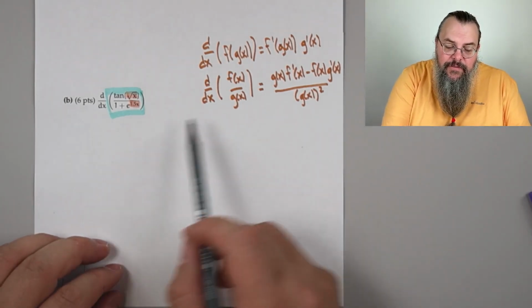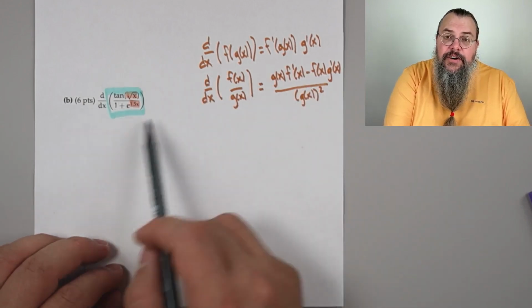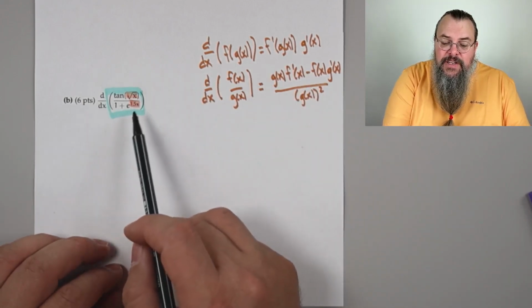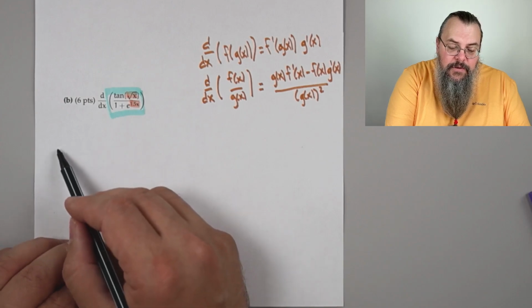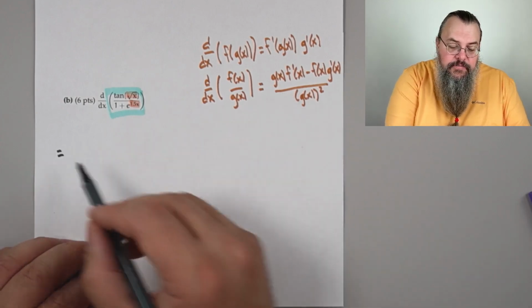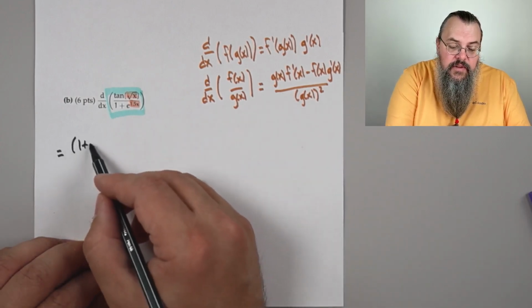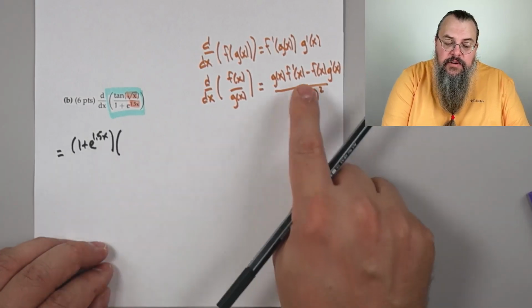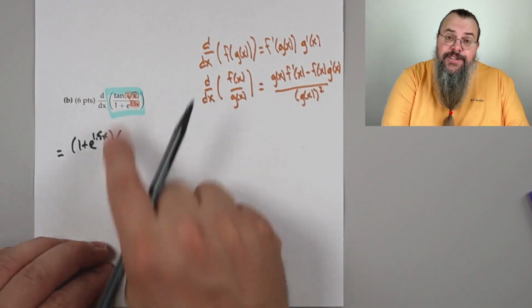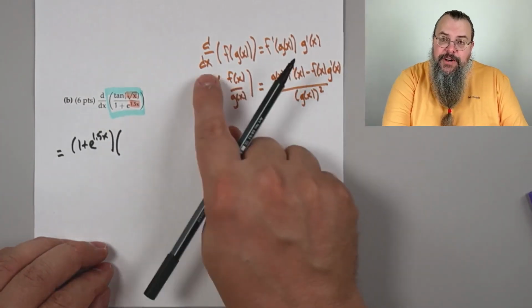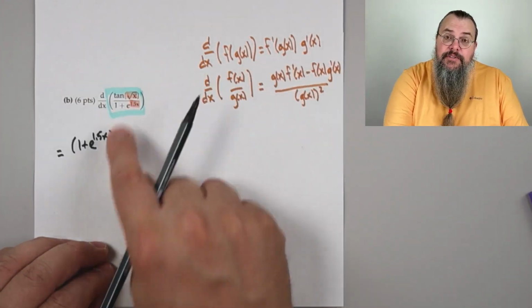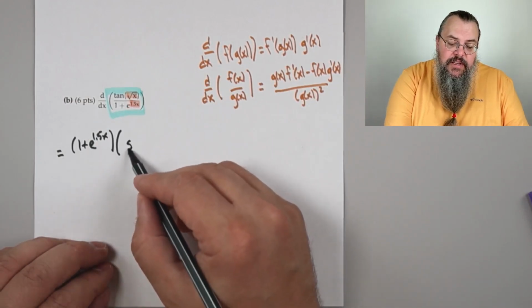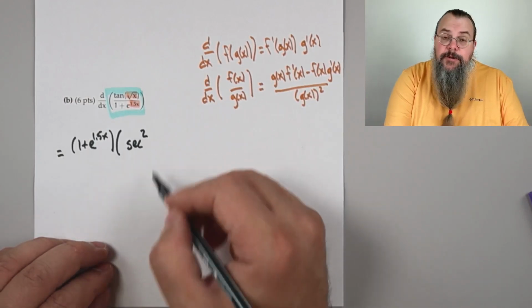Okay, so let's follow through. The outer layer is a quotient rule. So what do we have? Well, we're going to take the bottom, 1 plus e to the 1.5x, times the derivative of the top. All right, what's the derivative of the top? Well, now we're into our chain rule. The derivative of tangent is secant squared.